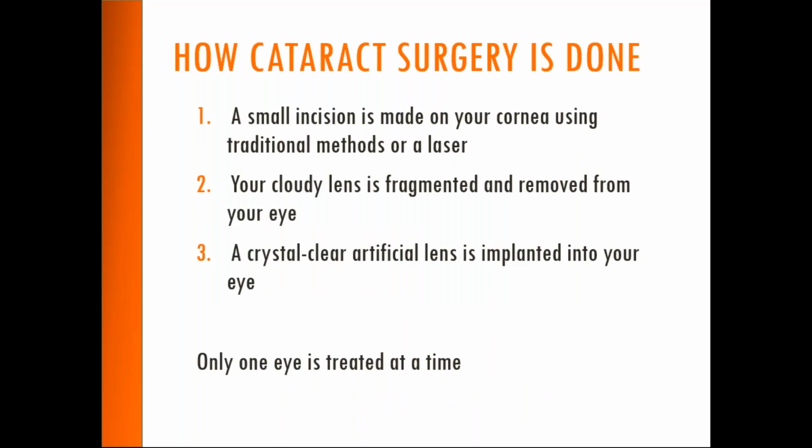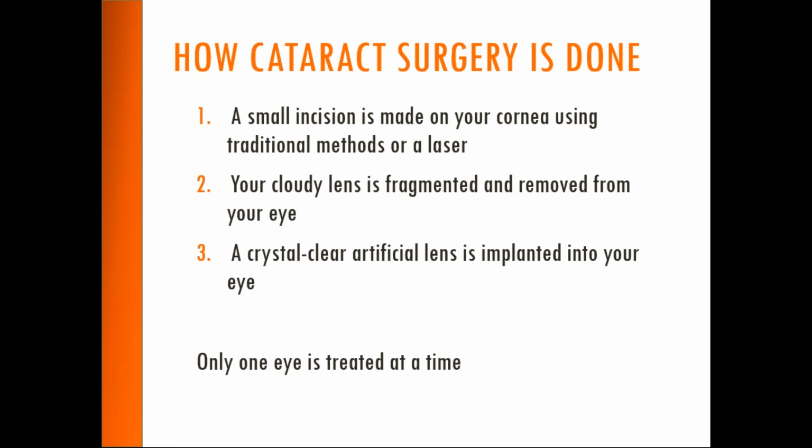So how do we do the surgery? Well, these days, it's very simple. We make very small incisions, usually 2, in the cornea, that front clear window. They're very tiny. We make them either with a scalpel or with a laser, but they're very tiny. One of those is 1 millimeter, and the other one is 1.8 to 2.8 millimeters. So very, very tiny incisions.